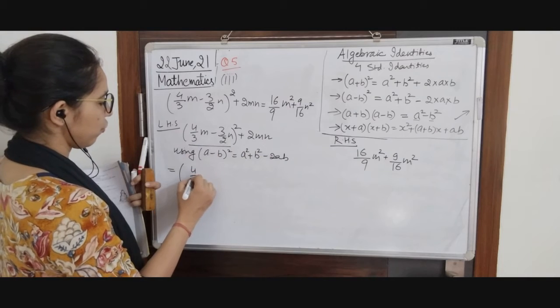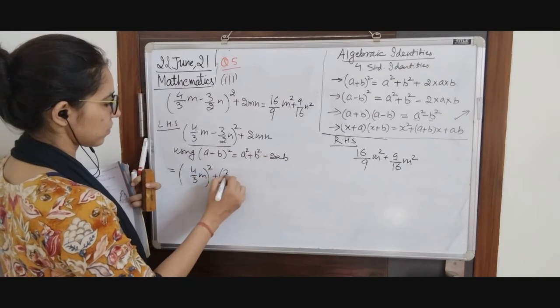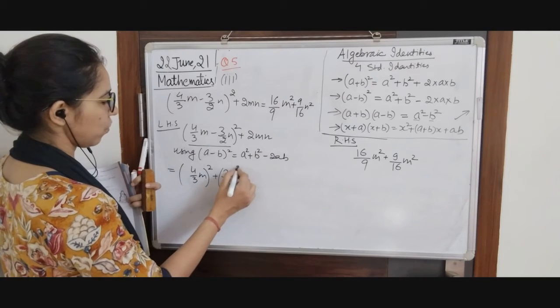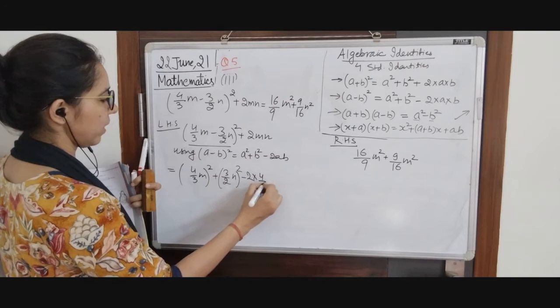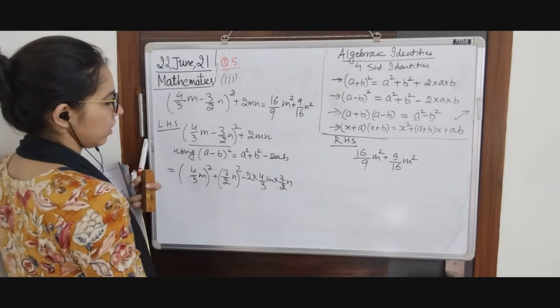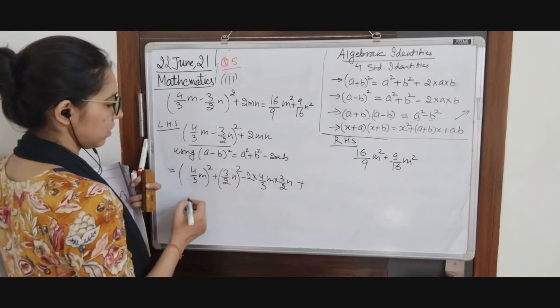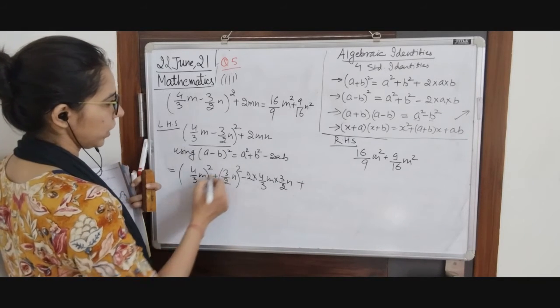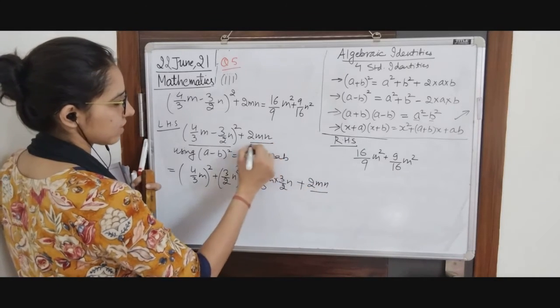First term square, (4 by 3 m) whole square, plus second term square, (3 by 2 n) whole square, minus 2 times the product of both these terms, 4 by 3 m into 3 by 2 n. Here we have simplified the square of the binomial. Next, this term 2mn is written as it is.